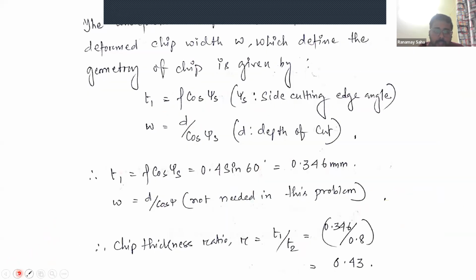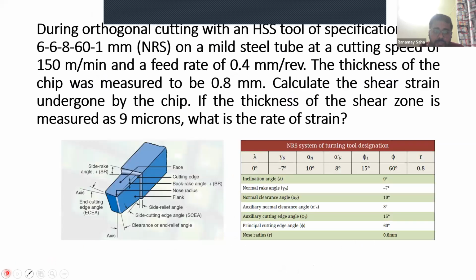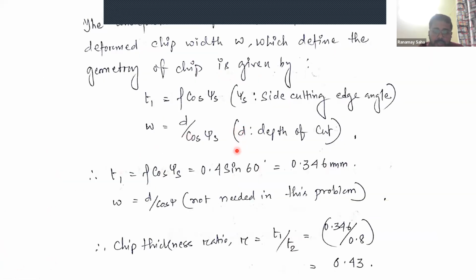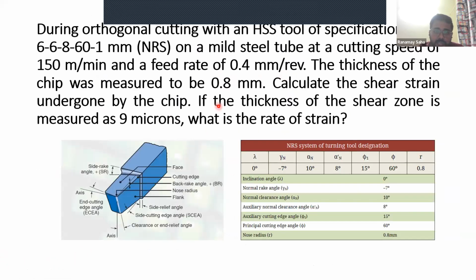Now you find the uncut chip thickness t1 as f cos psi. Feed is 0.4 mm, given. You put it here to get the uncut chip thickness value 0.346 mm, and then the final chip thickness has been given as 0.8 mm.